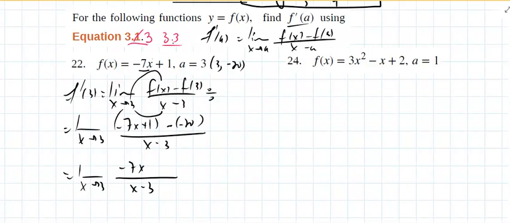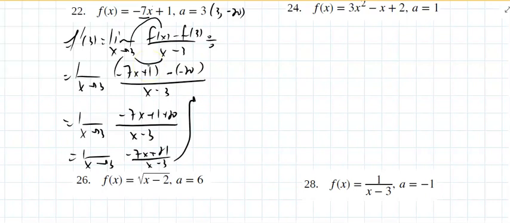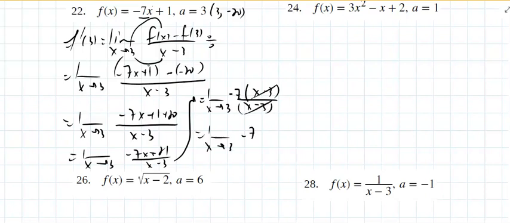That's negative 7x plus 1 plus 20, and that is negative 7x plus 21 over x minus 3. I'm still getting 0 over 0. If I factor a 7 out of the top, or a negative 7 I should say, I'll get x minus 3 over x minus 3. The limit of the constant, if you recall, is the constant. And there's my answer.